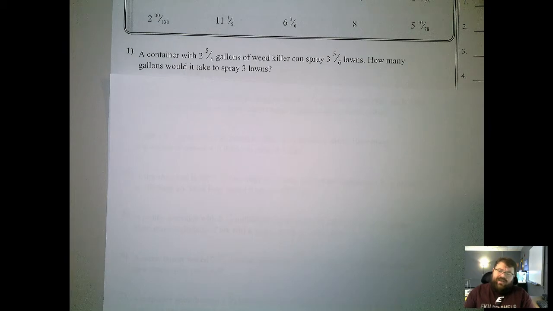This is the idea of something called complex fractions. They look nasty, but they're really simple. So we're going to use the same process that we talked about in the beginning of this video, and apply it to these problems with fractions.